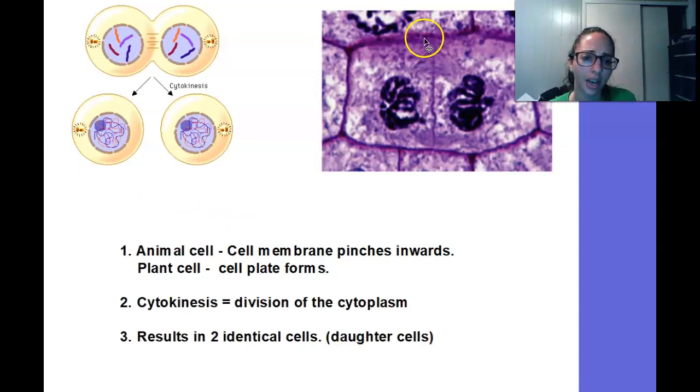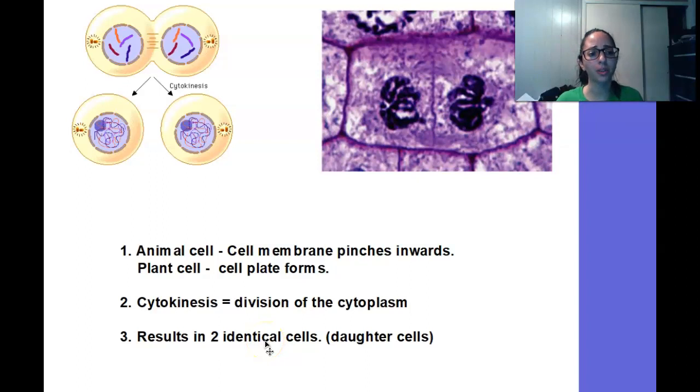And in the plant cells over here, a cell plate forms, and then those two get separated by the cell plate, and it results in two identical cells.